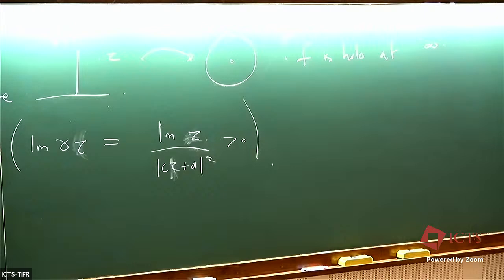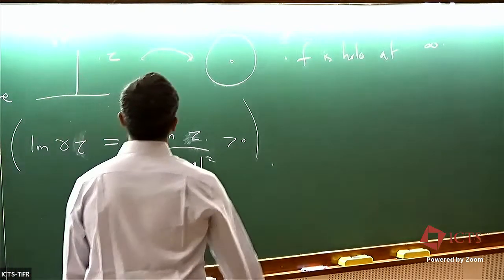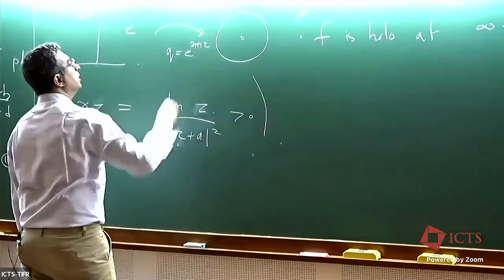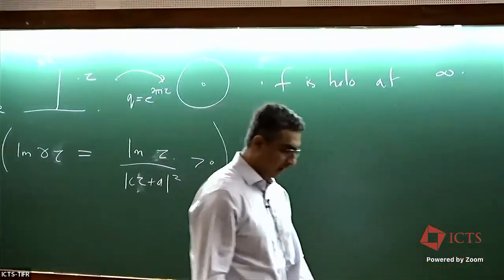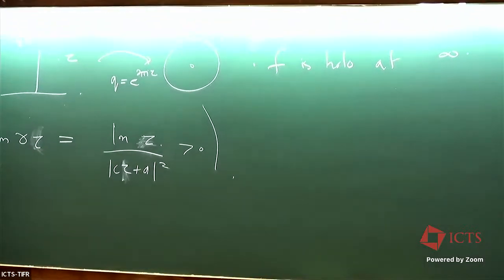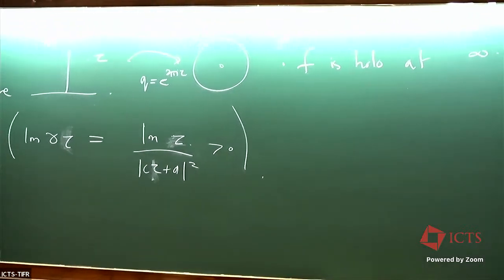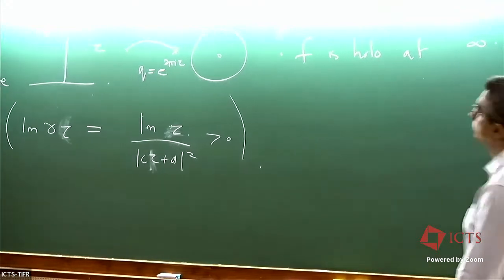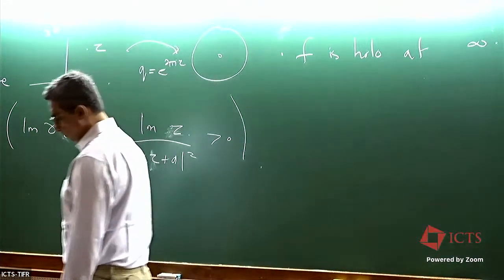So it's periodic with period 1, and therefore you can make the following change of variables. Get q to be e to the 2 pi i tau, and think of it as a function on the punctured unit disk. And as such, it has a removable singularity, and it extends to a holomorphic function there.